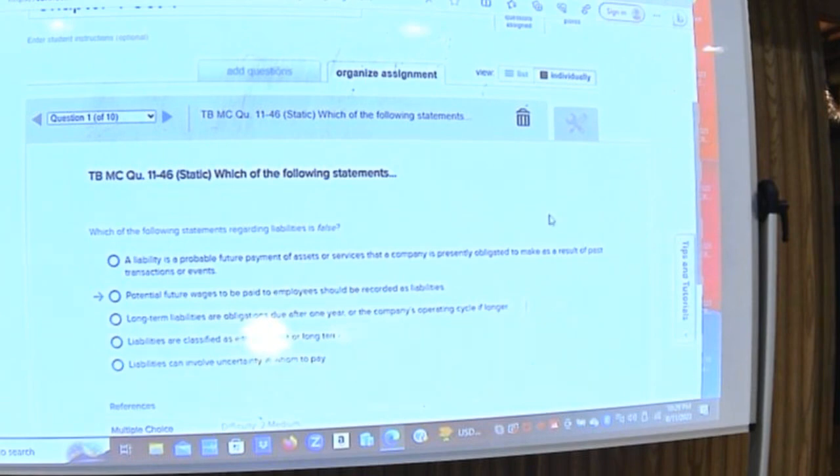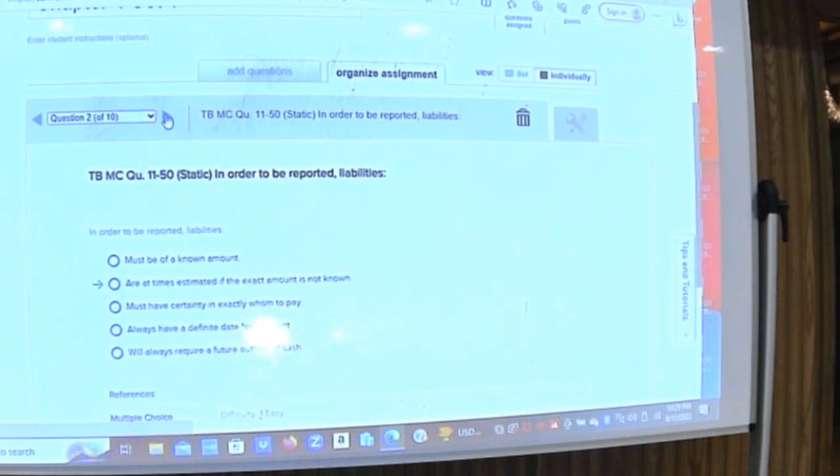And going to question 2. Question 2, in order to be reported as liabilities.